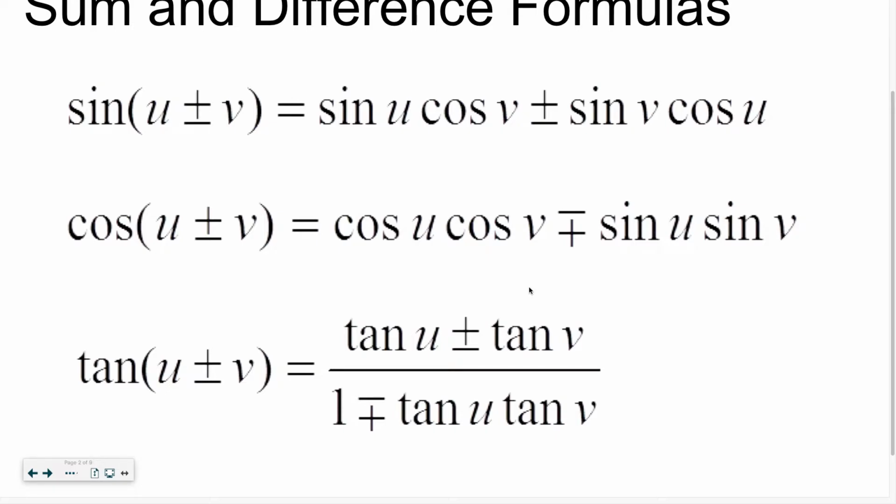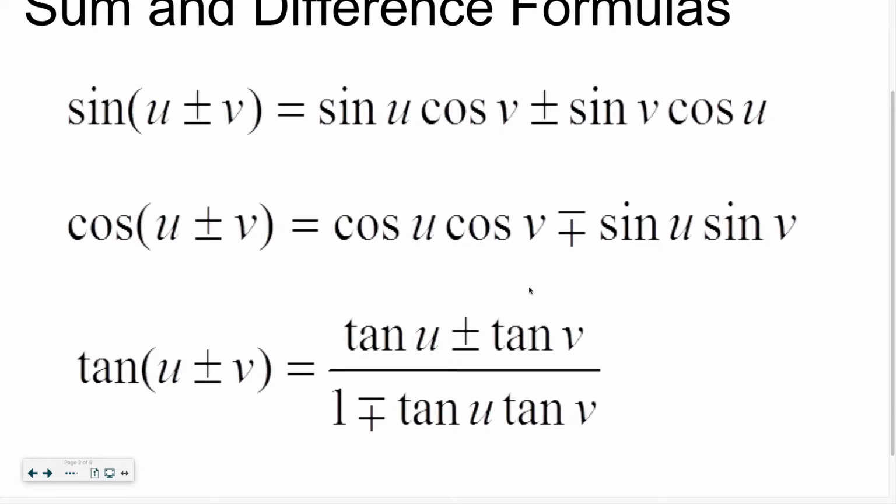Okay, so these are the sum and difference formulas for sine, cosine, and tangent. So it's the sine of the sum of two angles u and v, or the difference of two angles u and v.